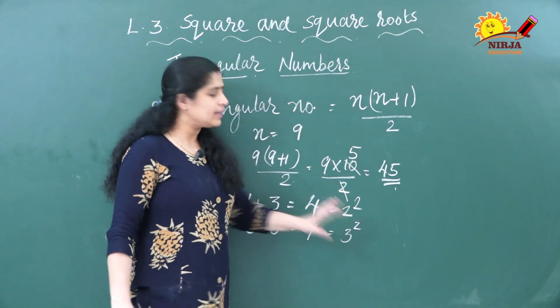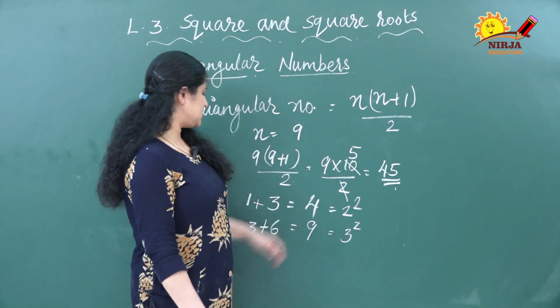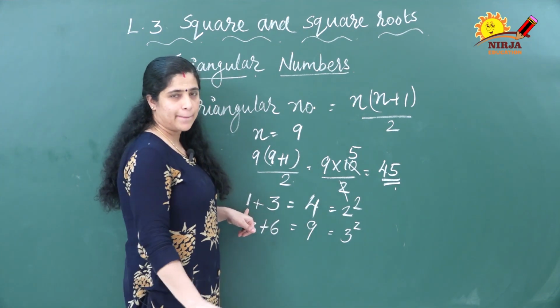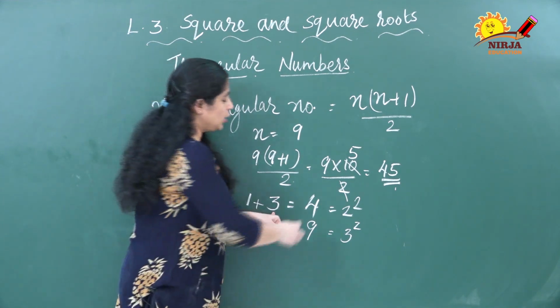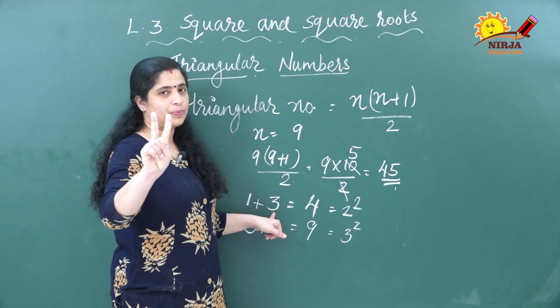Can you find any relationship here? Yes, one relationship is here. You see this one. This is the first triangular number and this is the second triangular number, and you are getting the square of 2.